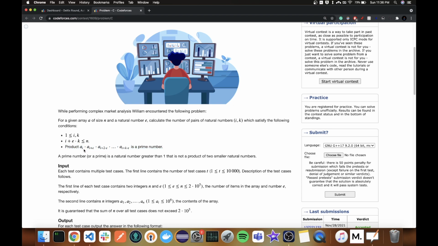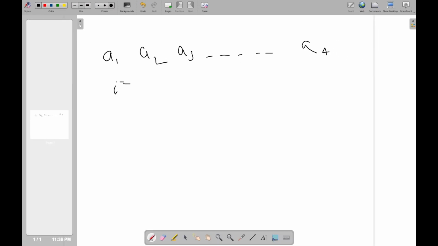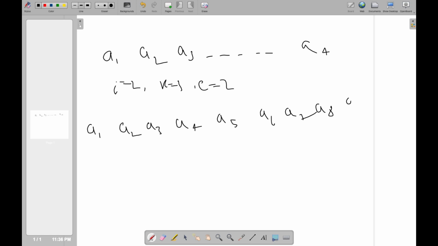What this means is a_i times a_(i+e) times, we keep doing this up to a_(i+k). So let's say we choose i equals 2 and k equals 3 and e is, let's say, 2. So in this array, A1, A2, A3, A4, A5, A6, A7, A8, A9 and A10, we will choose this element and then take a stride of 2.